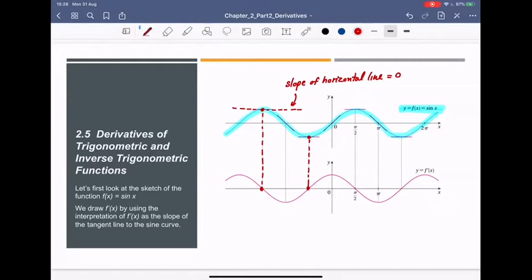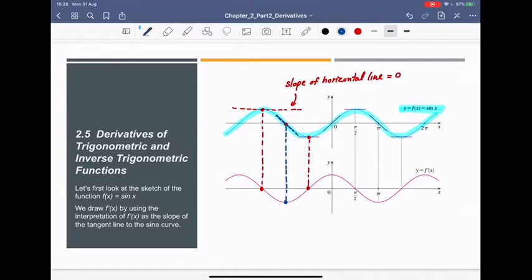Interesting, right? And then at the point where the function sine gives you 0, if you try to find the slope of the tangent line, you can see that at this point the slope is perfectly -1. You can match it with your derivative graph, and you can see the slope is -1.